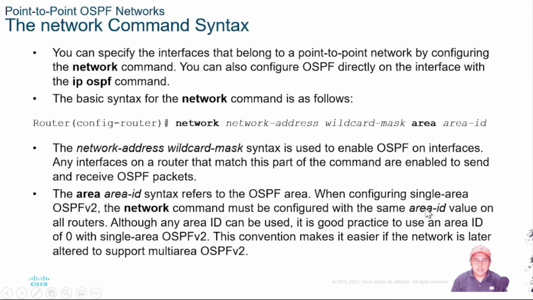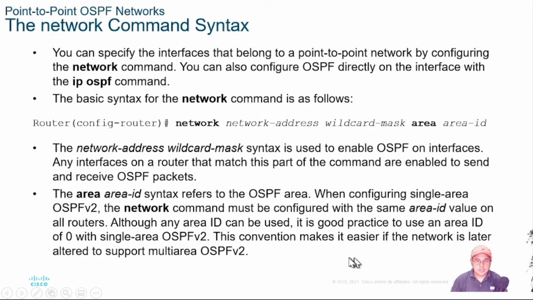When configuring single area OSPF version 2, the network command must be configured with the same area ID value on all routers. However, although any area ID can be used, it is good practice to use the area ID of 0 for single area OSPF version 2.